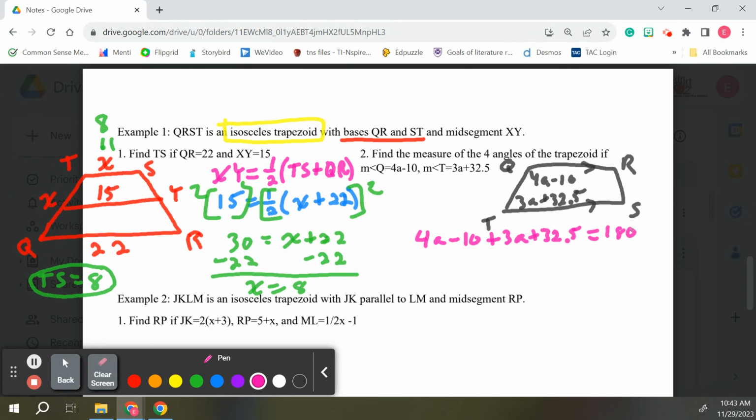When I combine my like terms, I have 7A plus 22.5 equals 180. I subtract the 22.5 from each side.